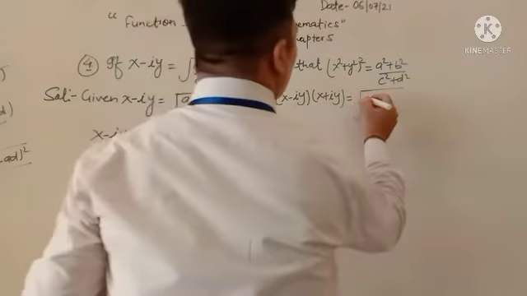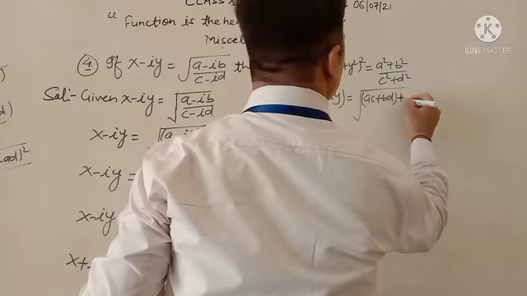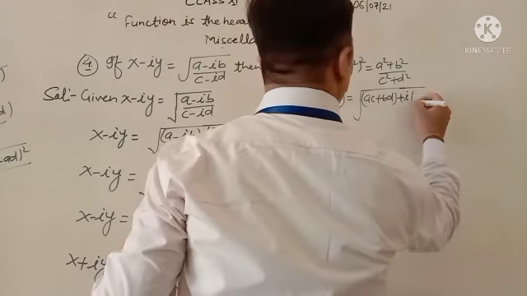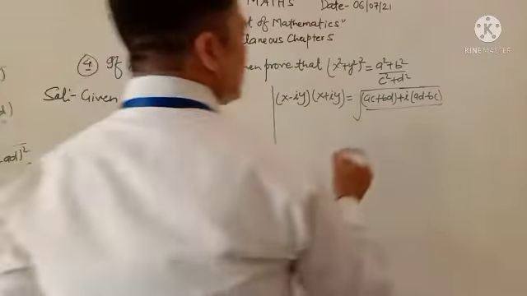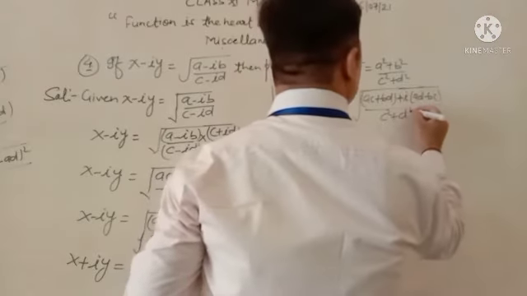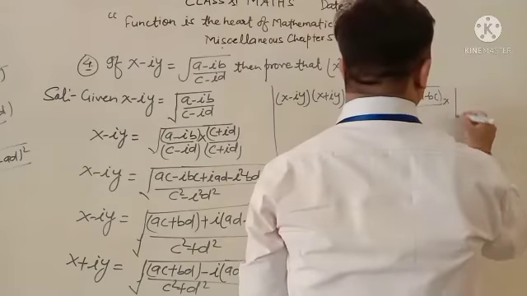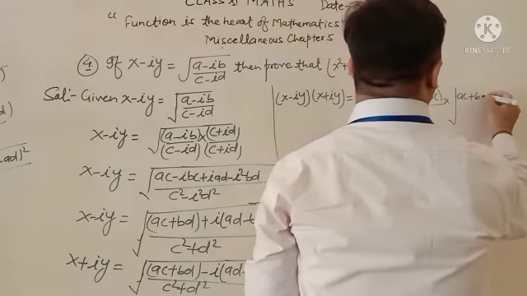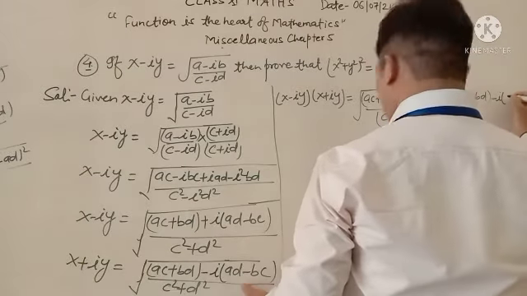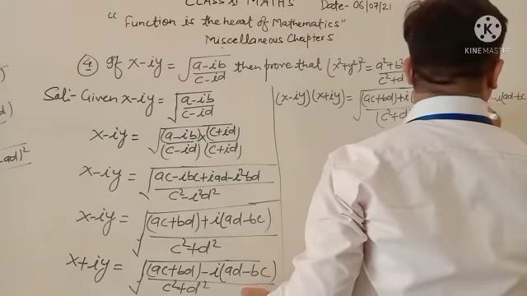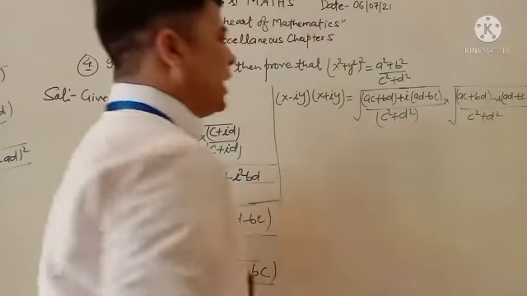This one is equal to (ac plus bd plus i(ad minus bc)) whole divided by (c square plus d square) multiplied by (ac plus bd minus i(ad minus bc)) whole divided by (c square plus d square).